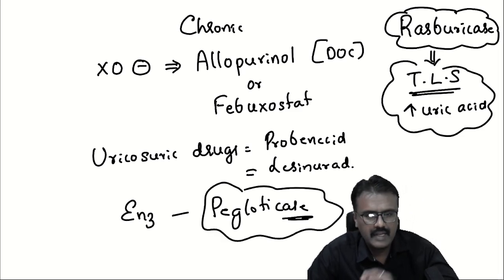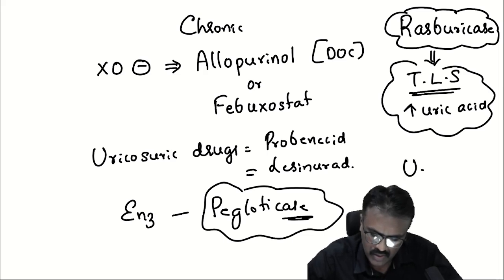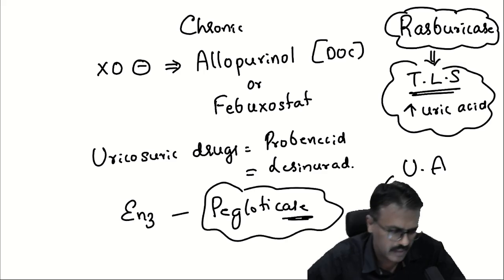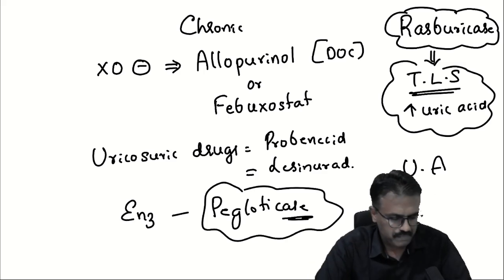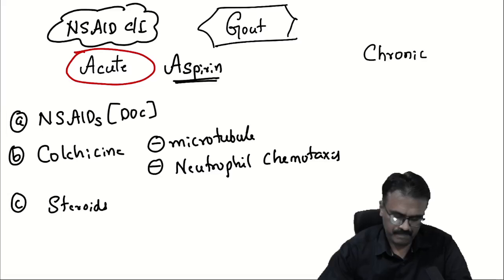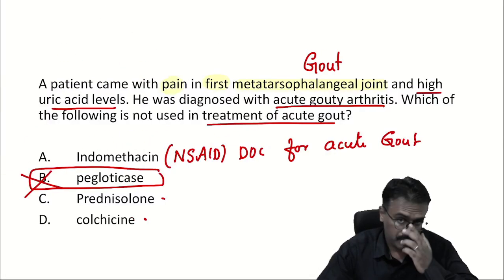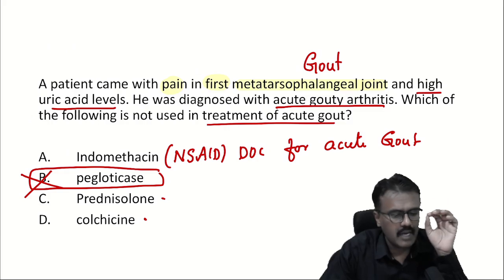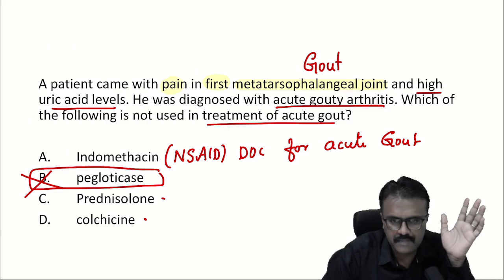They are the ones which convert uric acid into allantoin and decrease the levels. Yes, very good. So please understand, gout is a small topic, but every year questions keep coming from this.